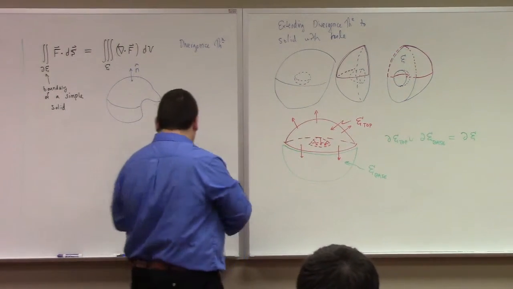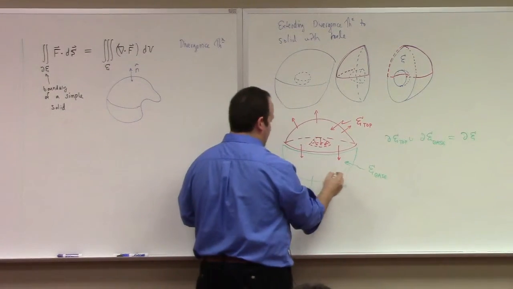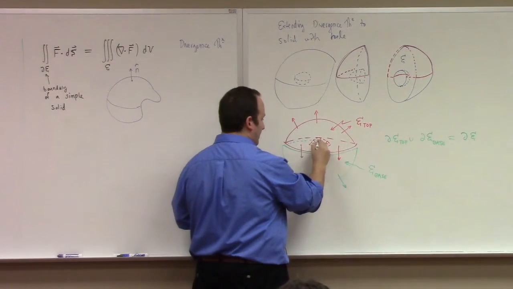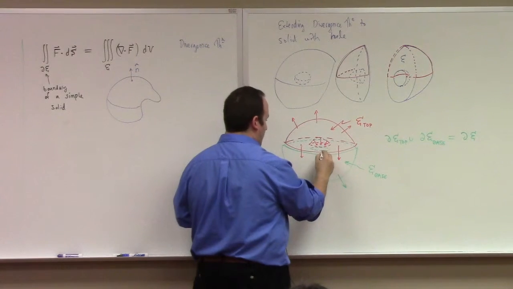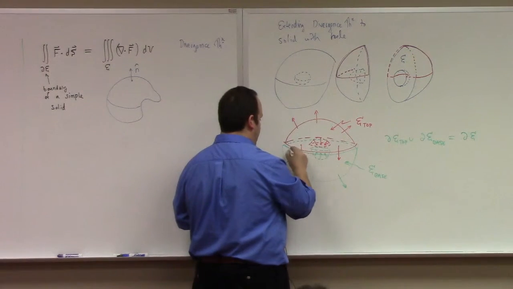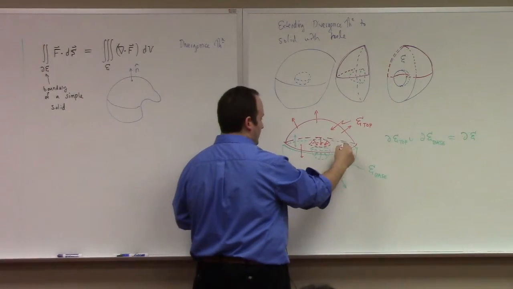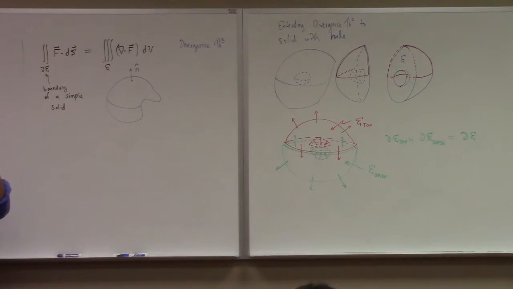For the base, the normal vectors would be upward pointing on the lower half of the hole, right? So you see that where we did the cut of the solid, the flux from the top piece and the flux from the bottom piece are equal and opposite. They would cancel out if you add these, right?